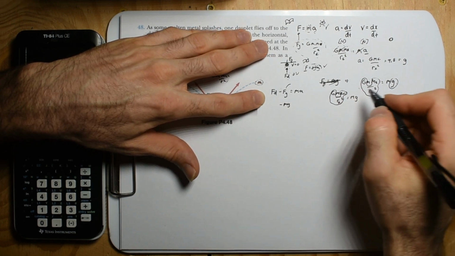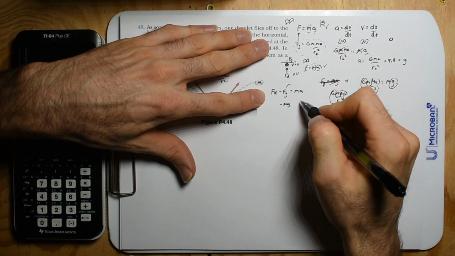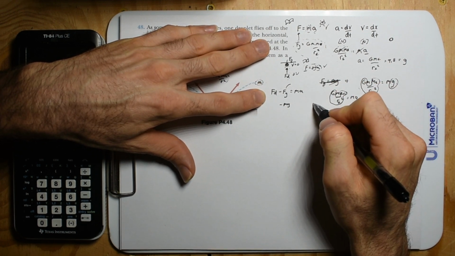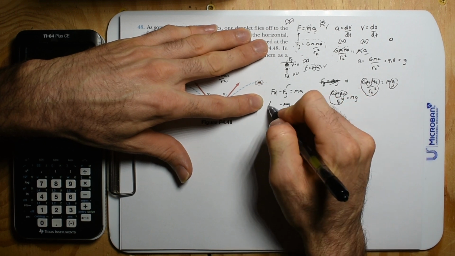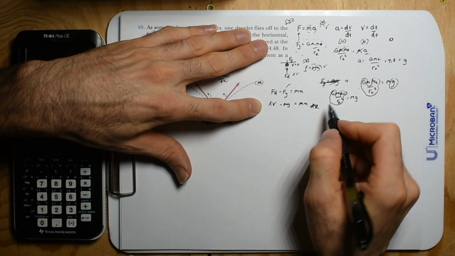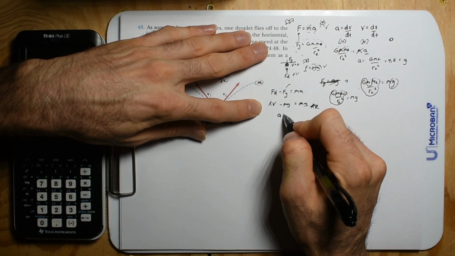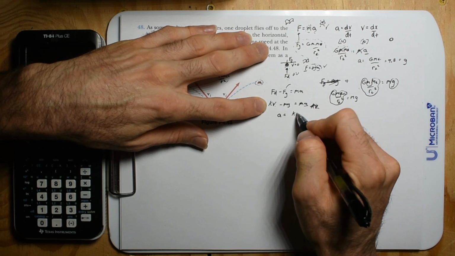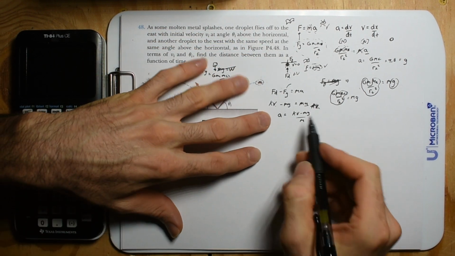Now the force of drag, this is where things get really easy if you use Excel, because the force of drag is literally, they're saying it's just a constant times velocity. So we would go a constant times velocity is equal to mass times acceleration. Cool. Now what we want to find is acceleration. So to get an equation for that, we go acceleration is this side, kv minus mg, divided by m. And now we're just money.